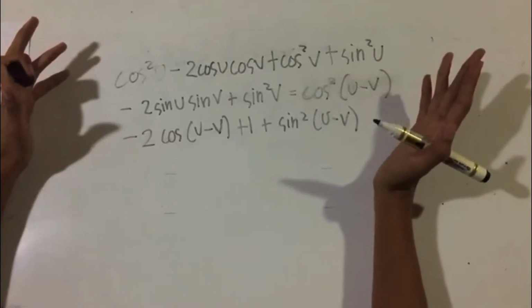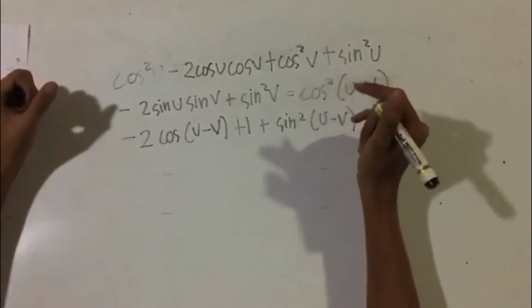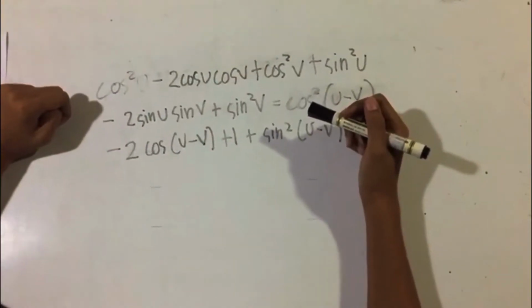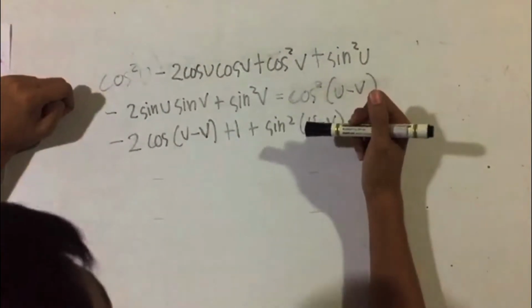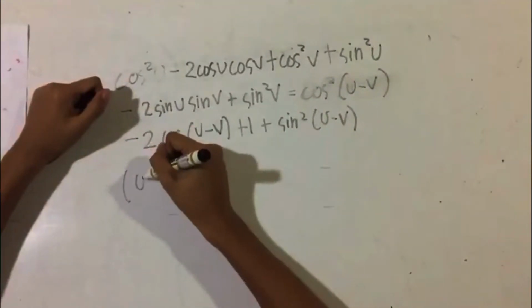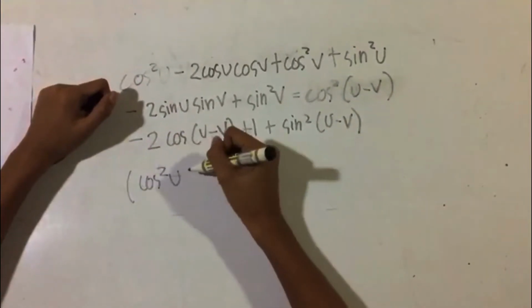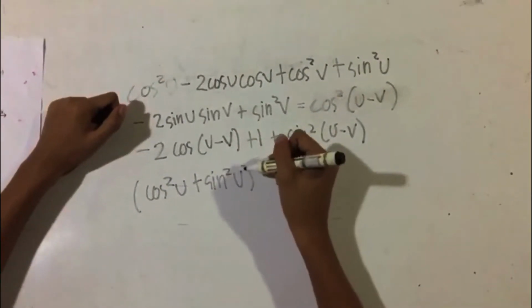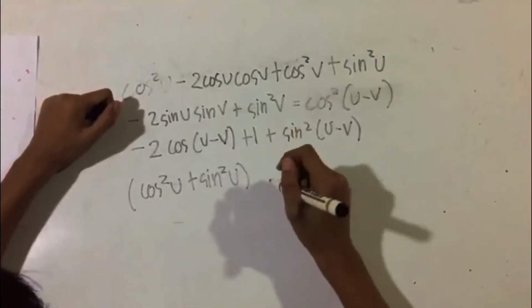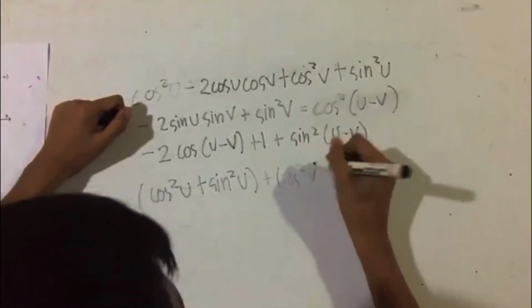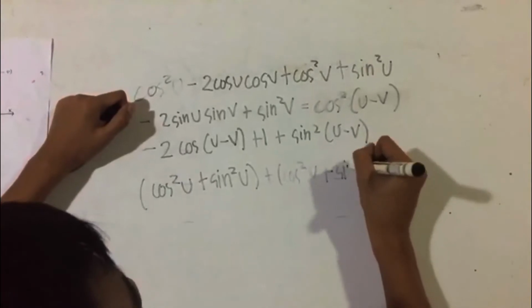The next step is to regroup the terms with the same angle. So let us group the terms with the same angle. So it will become cosine squared u plus sine squared u, and the plus cosine squared v plus sine squared v.